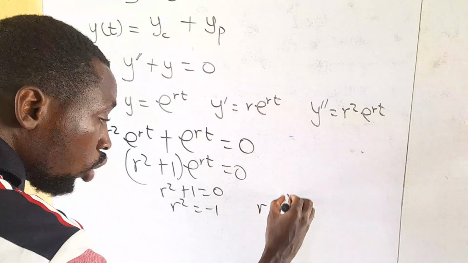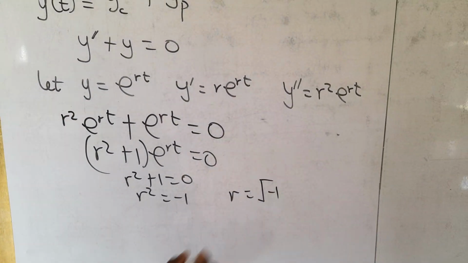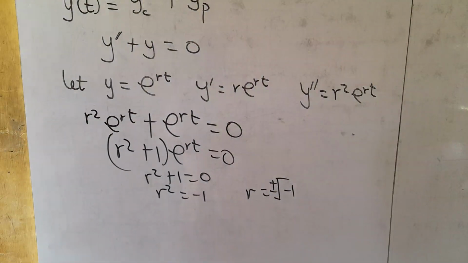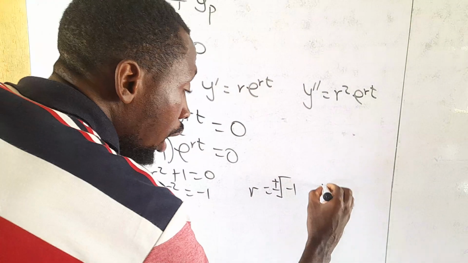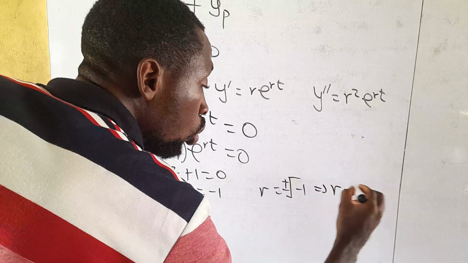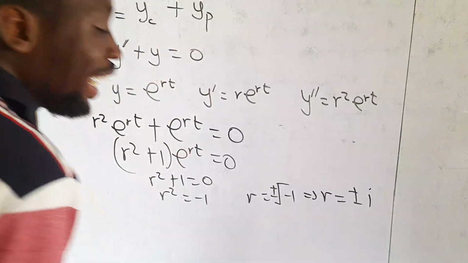And our r will be equal to the square root of negative 1. And remember, the square root of every number is plus or minus. Then our r can be equal to plus or minus i.